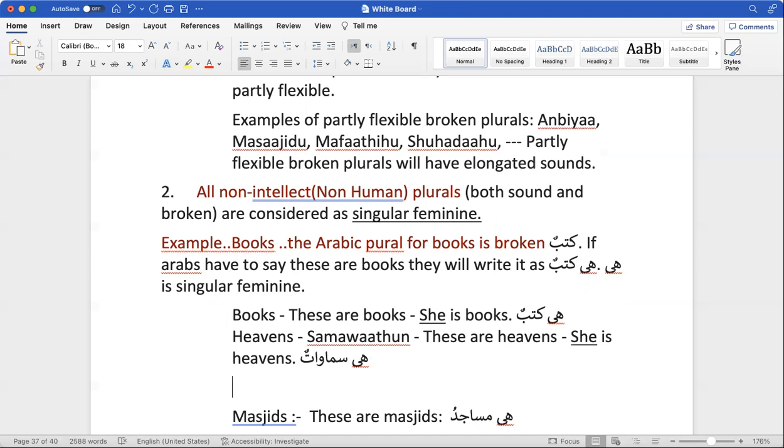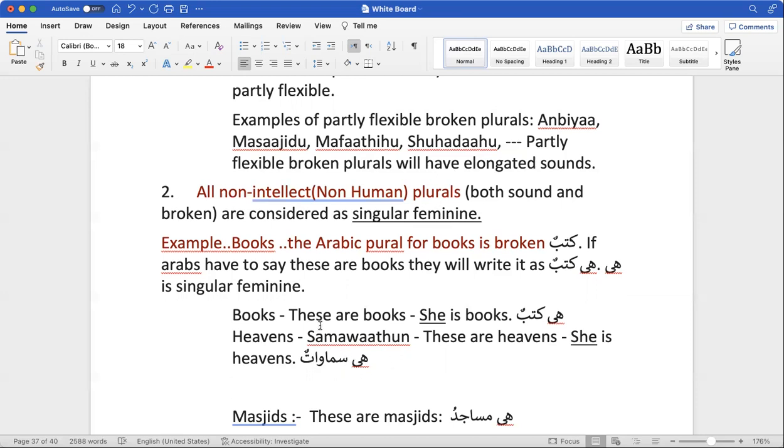Rusulu is a broken plural, but a human broken plural. Mostly they will treat it as a normal plural, but sometimes you can treat it as singular feminine also. That's why you have Tilka Rusulu there. So the option is there. But in case of non-intellect plurals, both sound as well as broken, they always consider it as singular feminine. They will always address it like this.